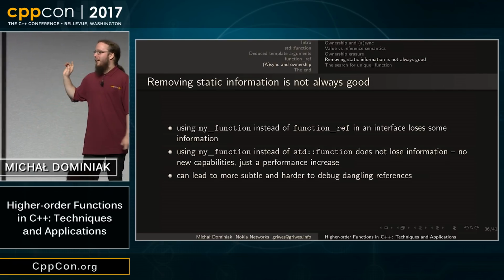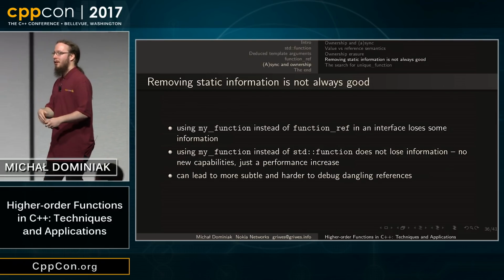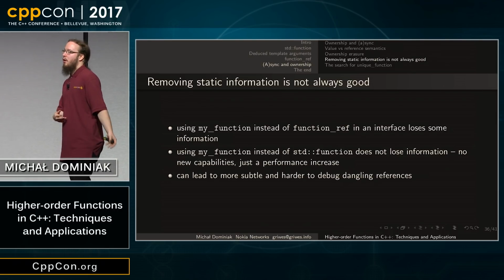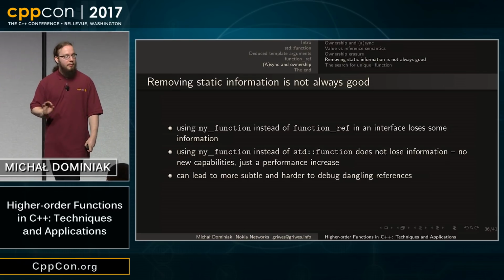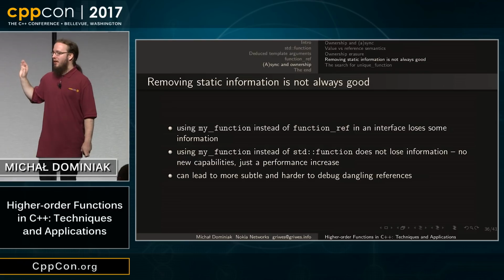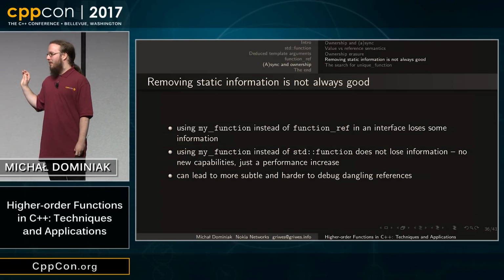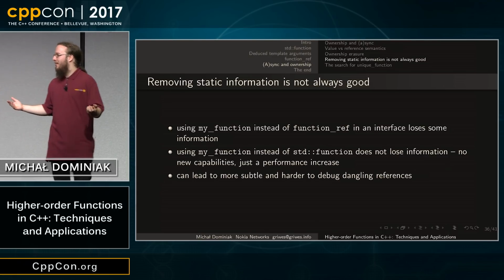So while it can lead to more subtle bugs, especially if we throw the function thing around and we don't exactly know where it came from, we can have a problem. But on the caller side, tracking bugs like this should be kind of easier, because we see, oh, I'm passing by a reference.